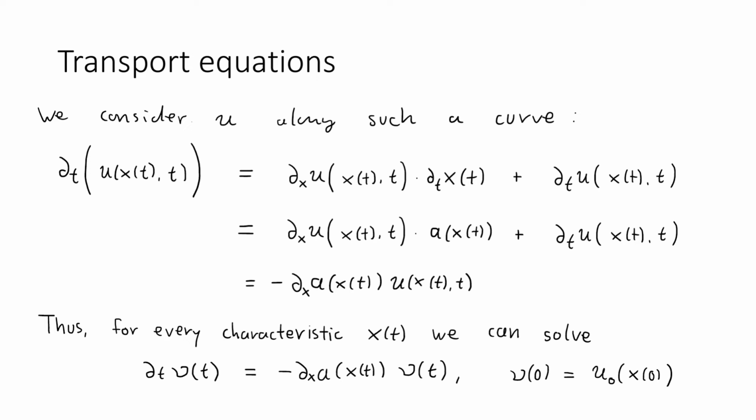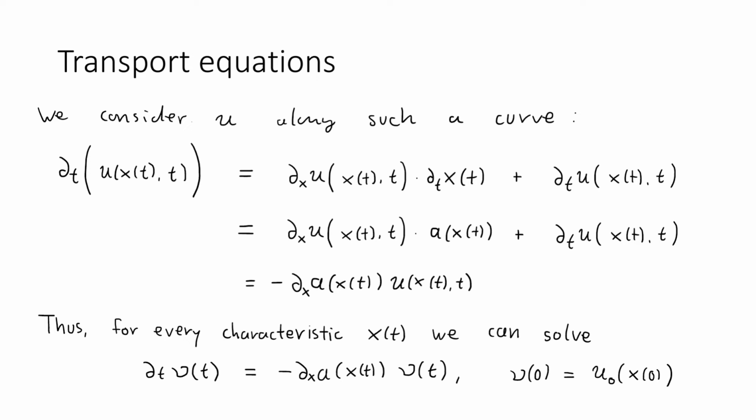For every characteristic x(t), we only need to solve the ordinary differential equation: the time derivative of v(t) equals negative x derivative of a at x(t) times v(t), with initial value v(0) equal to u0 at x(0), that is, u0(x0).